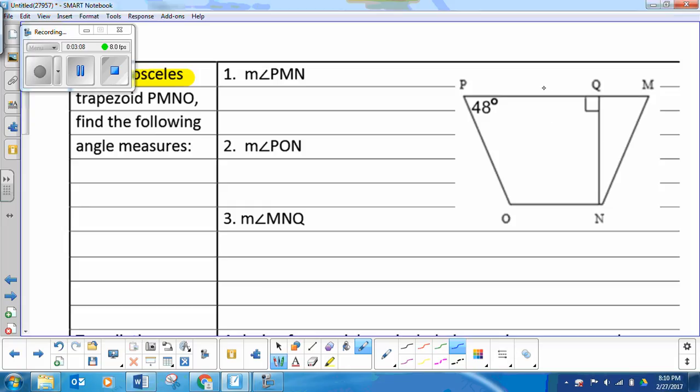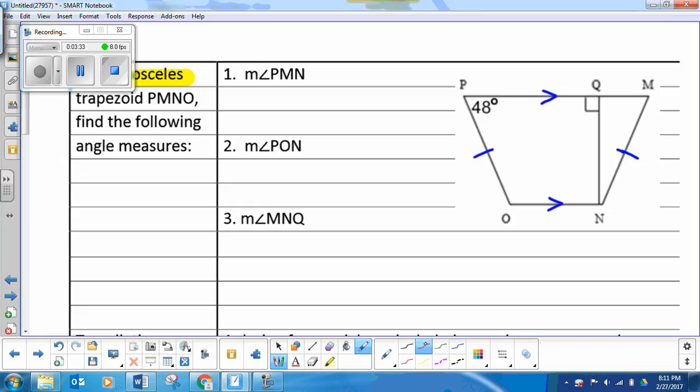Let's make a couple of notes on our trapezoid. We've got our two parallel lines living above and below. Of course, it could be flipped on its side, but in this case, they are above and below. We've also been told, again, this is an isosceles trapezoid, so just to make our marks, because we can legally do this once they give us that information, I'm going to show these two sides as congruent.